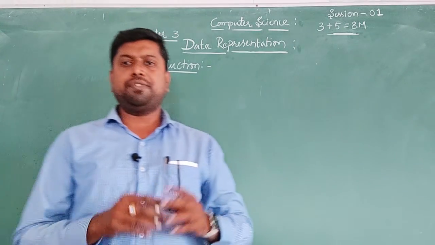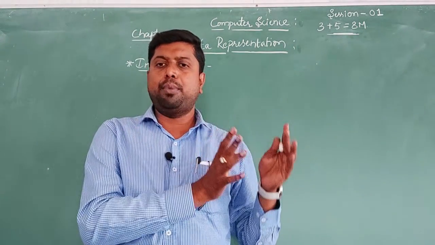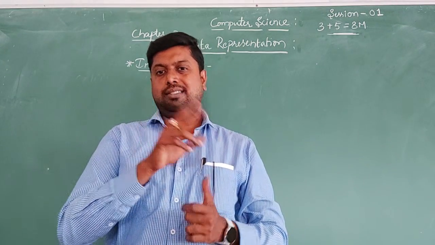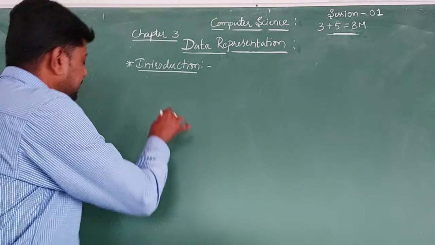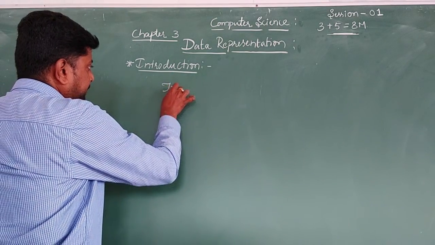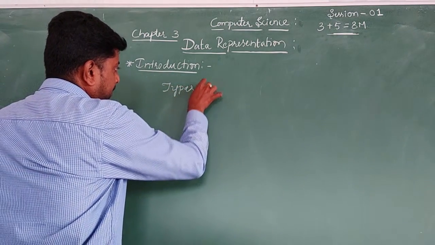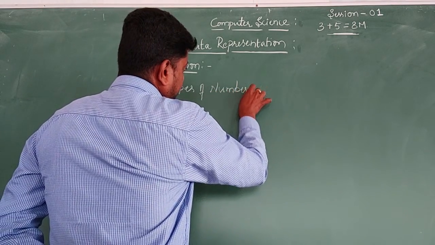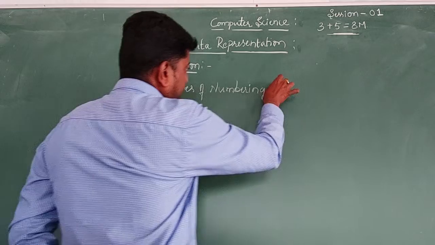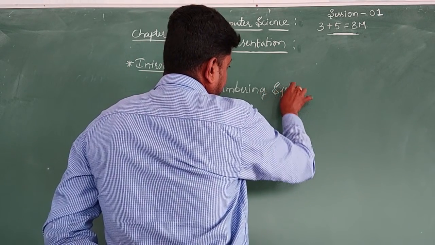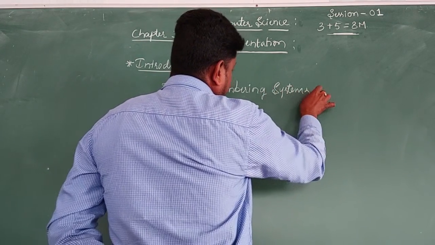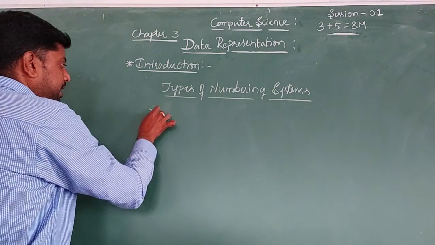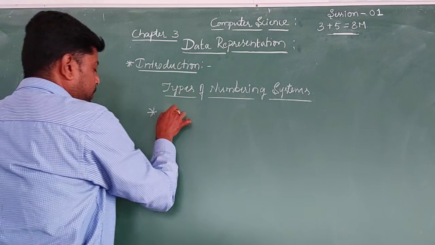In this introduction of the chapter, we are able to learn 2 major concepts. One is types of numbering systems. The types of numbering system are again classified into 2 types.